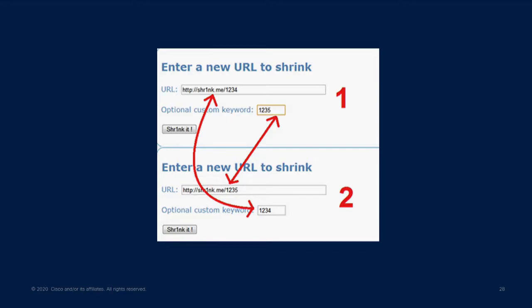Over here, you know how they have those functions where they give you a website where you can shorten your URL, right? So for example, here, I went to this site and I wanted to shrink my URL because it had too many characters and I didn't want to post that, so I wanted it shortened. I put my URL here and I say it should end with 1234. Well, the attacker can be smarter and go in and do an optional custom of 12345.